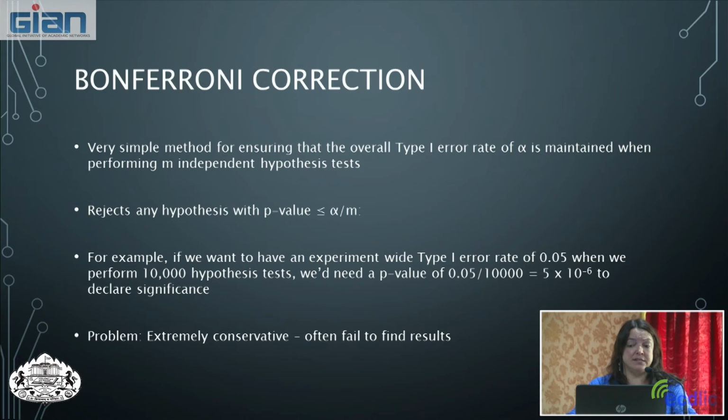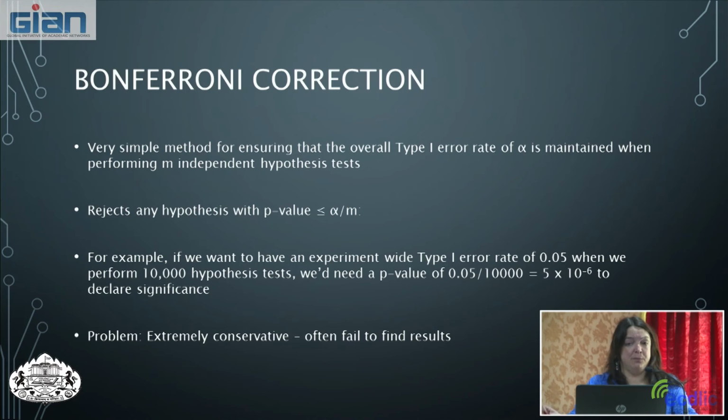It rejects any p-value that's less than or equal to our initial alpha, 0.05, divided by the number of independent tests we have, 131,000. So if we have an experiment of, again, 0.05, and say we only do 10,000 voxel tests, then we would need a p-value of 5 times 10 to the minus 6 to get any kind of significance out of this test.